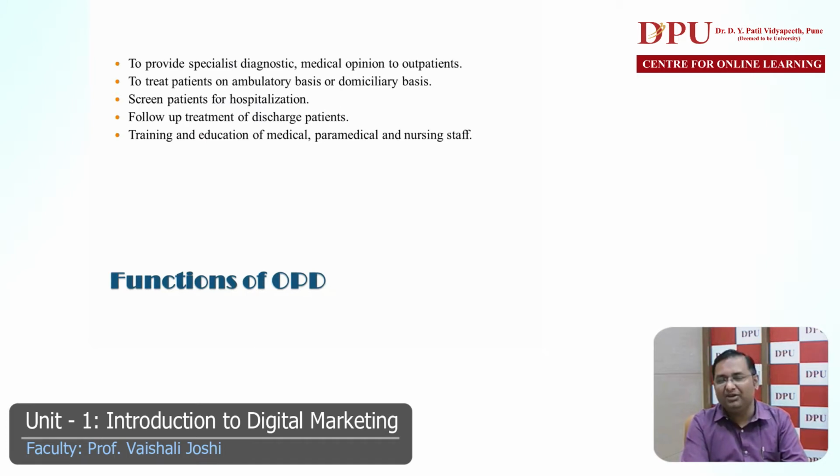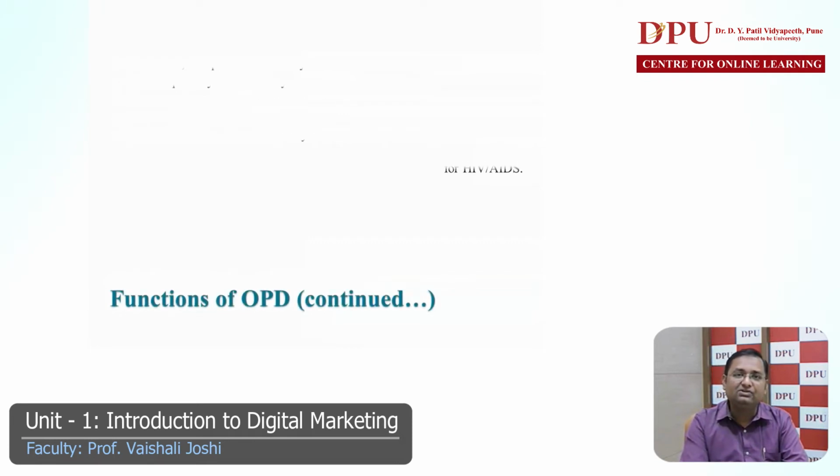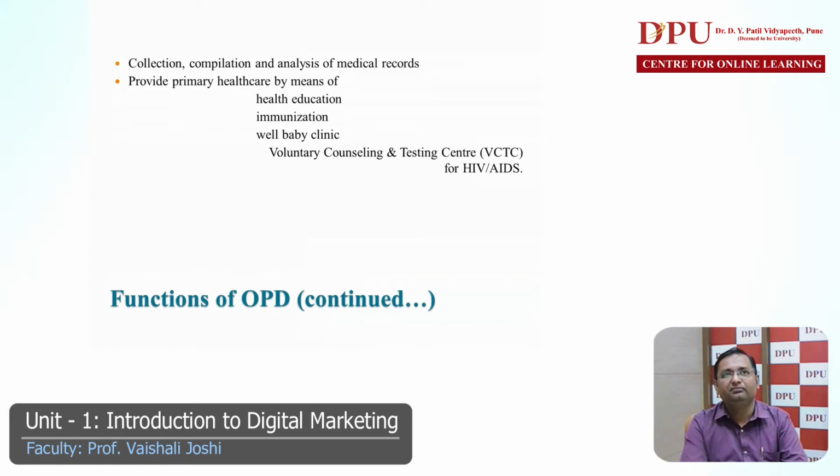You have to screen patients for hospitalization. You have to follow up the treatment of discharged patients. You have to give proper training and education to medical, paramedical and nursing staff. These are the various functions of the outpatient department.